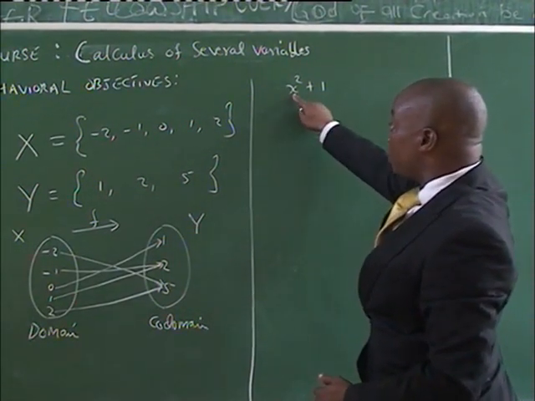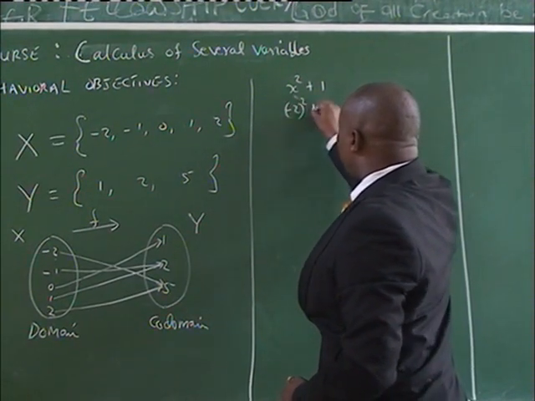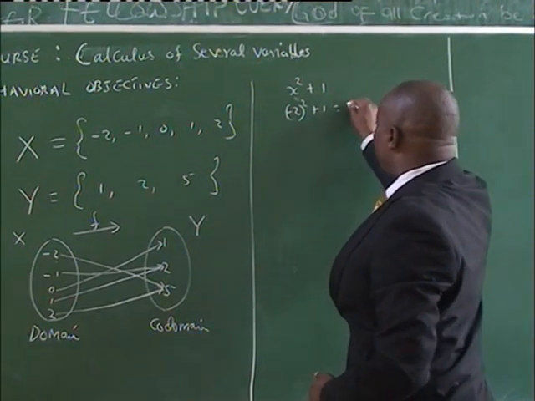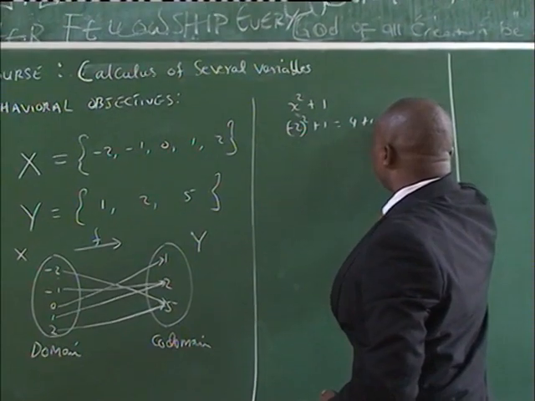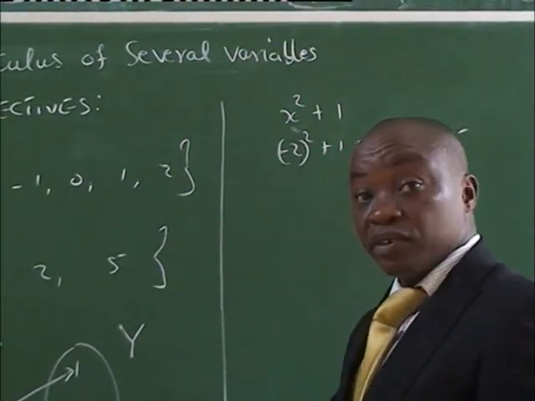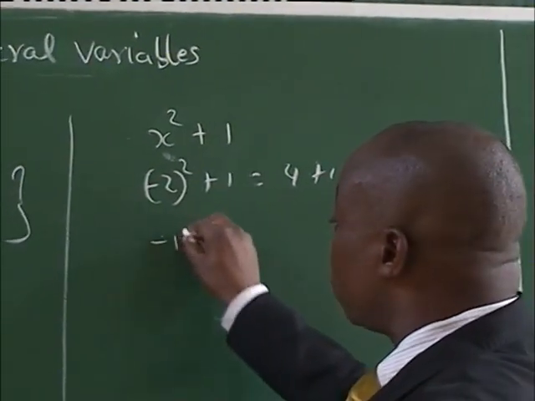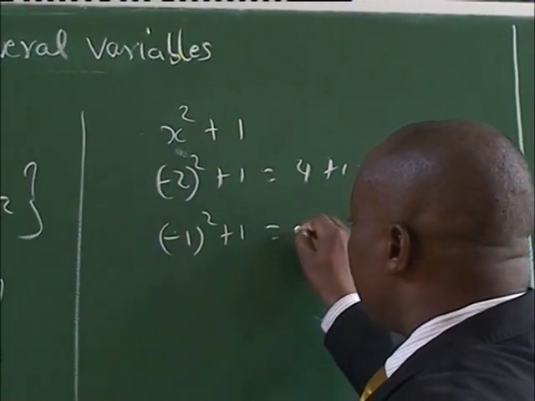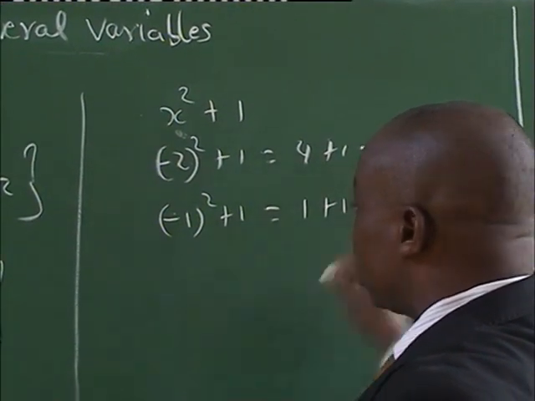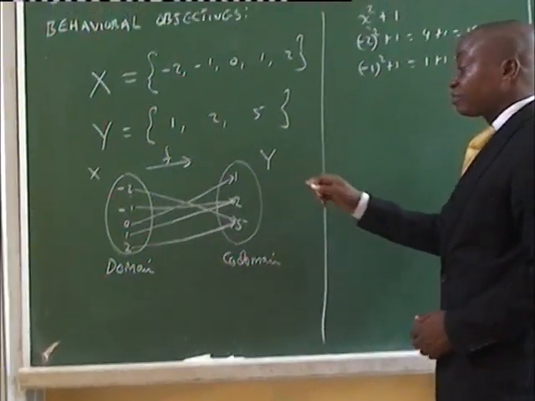Now, if I put minus 2 in this place, I have minus 2 squared plus 1, and that will give me 4 plus 1, which is 5. So you see how minus 2 relates to 5. Also, if I put minus 1 squared plus 1, then I will have 1 plus 1, which is 2. So that is why minus 1 relates to 2.